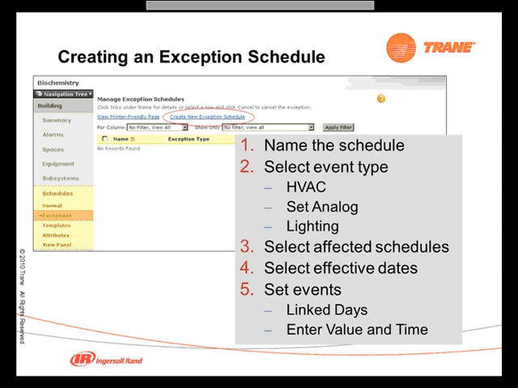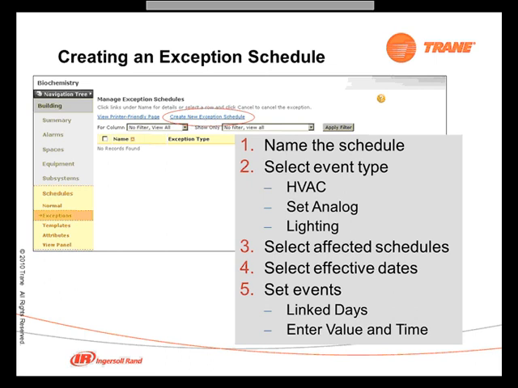Again, name the exception with a name that's easy to understand and very distinguishable, so that anyone that comes in and opens up the schedule will know what the exception is for. So be very descriptive in your naming convention.